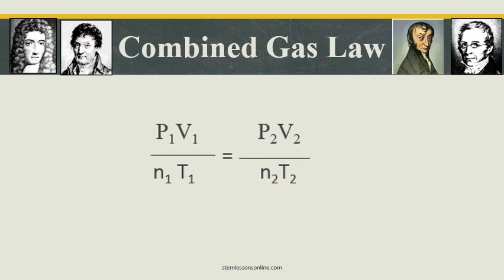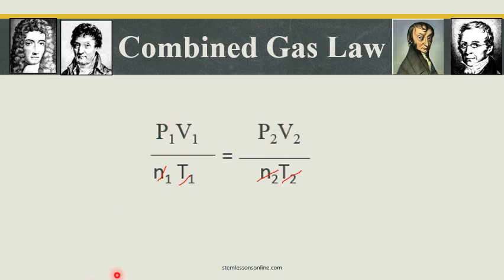Now we can combine all the four gas laws we have just discussed. So we will get a relation which is called the combined gas law. We will get the relation P1 V1 divided by N1 T1 equals P2 V2 divided by N2 T2. For example, if you want to look at only Boyle's law, the number of moles and the temperature remain constant, so we don't have to consider the denominator, and we will get P1 V1 equals P2 V2.